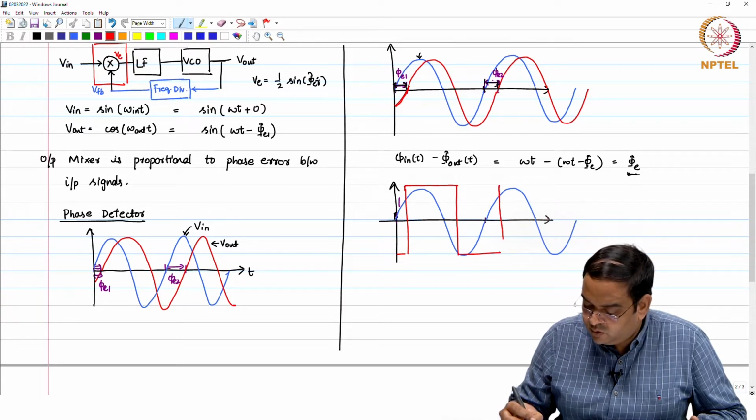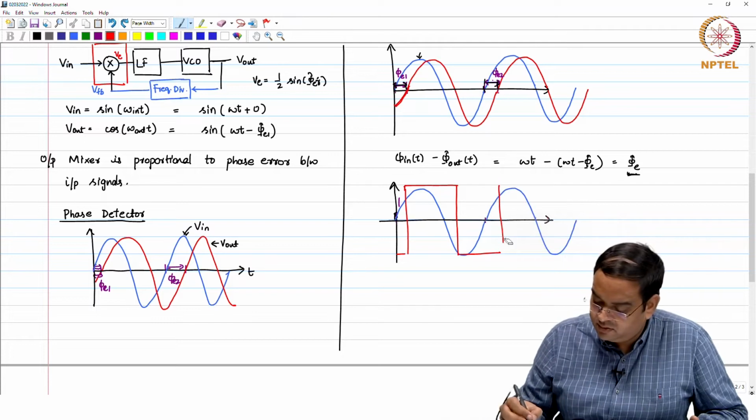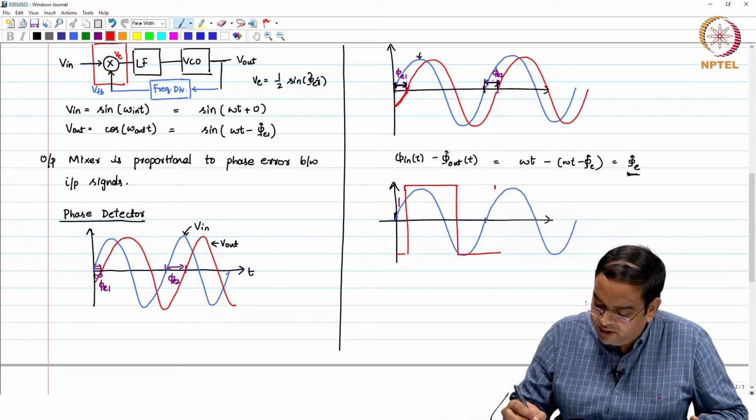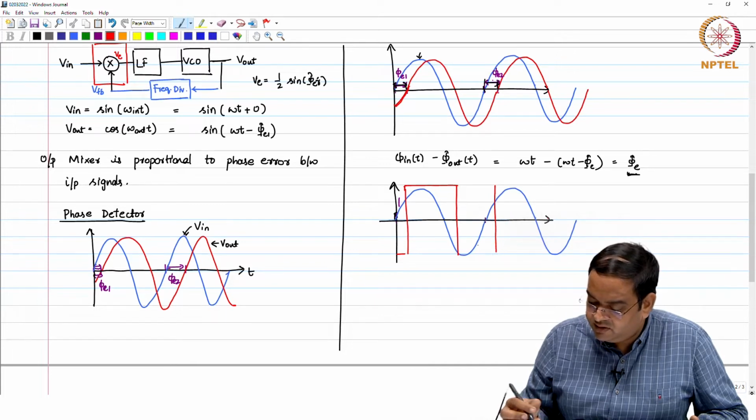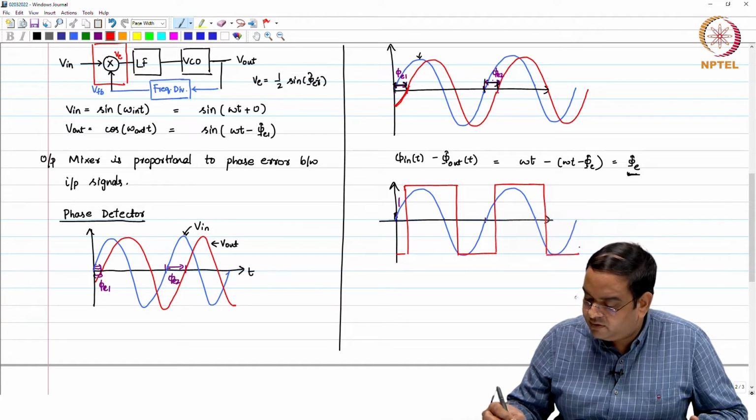So, what I am going to do is I will try to keep the same spacing between the 0 crossings. So, this is one part of the square wave, then you have shifts here, and then you have the other part going up here. Okay.